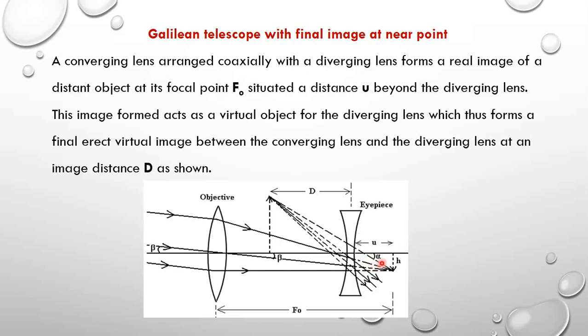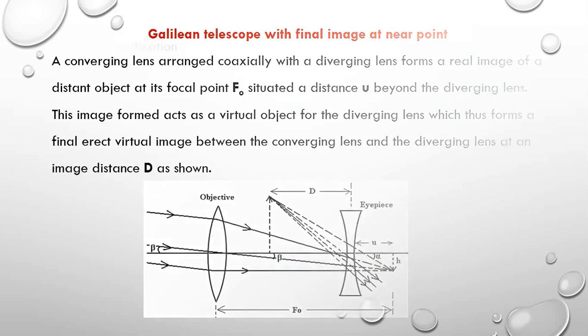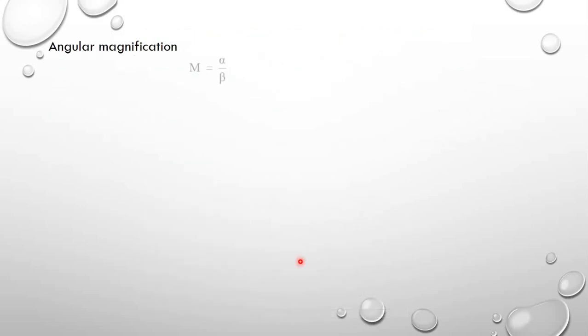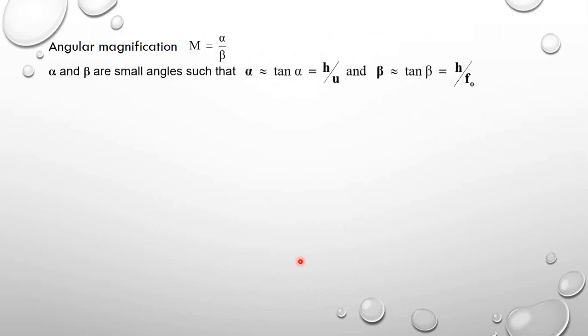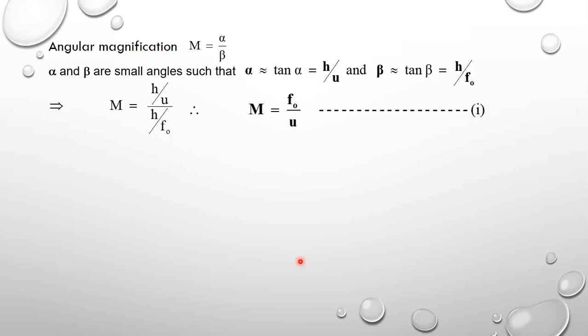I've still said that alpha and beta are always small angles measured in radians, and so when we want to get the angular magnification, it's going to be alpha divided by beta, which is h over u, and then the other one is h over f naught. And when we substitute, we shall get our angular magnification as f naught over u. Then we also need to substitute for this u here.